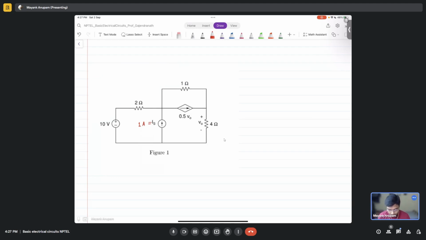So this is a problem on the superposition theorem. Tell me, what is the voltage V0 here? How will you find it out? There are a lot of ways in which we can find this voltage V0. Tell me one.